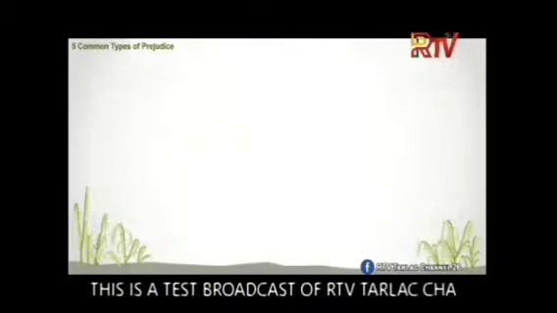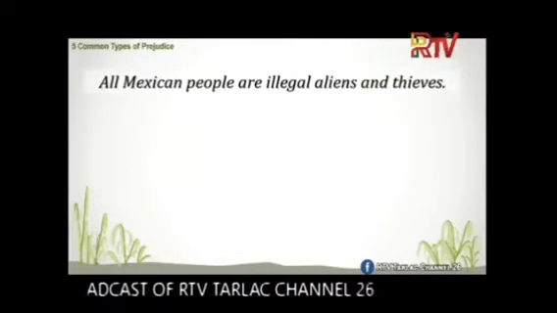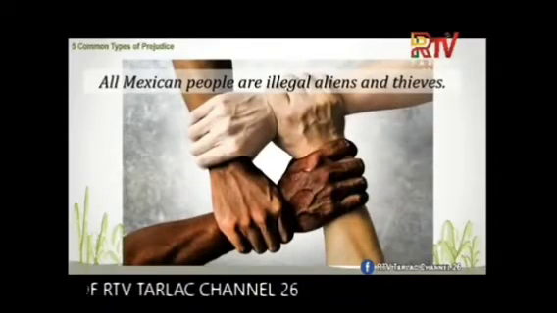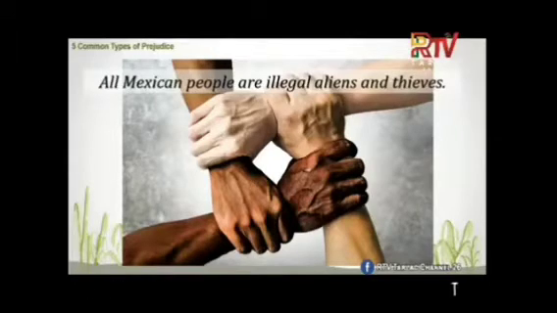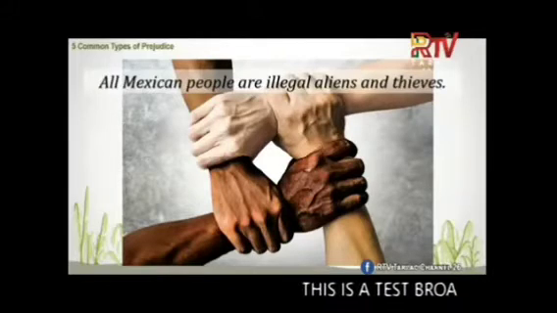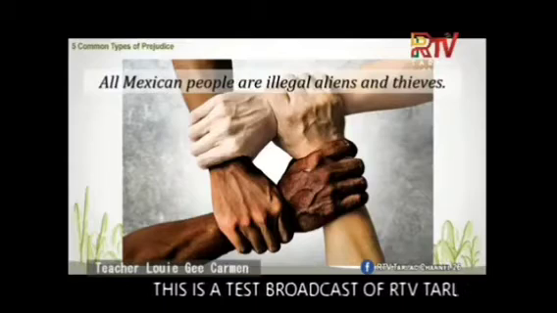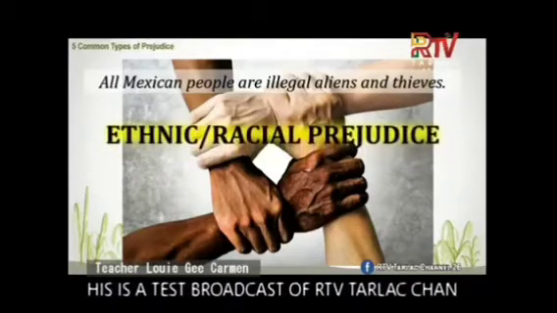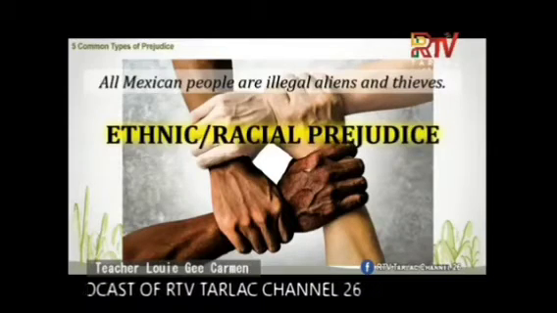Let's take a look at the second statement. All Mexican people are illegal aliens and thieves. This is an insulting judgment, and we know that this is again a prejudice. But to whom does this sentence show prejudice? That's right, it shows a prejudice against Mexican people.